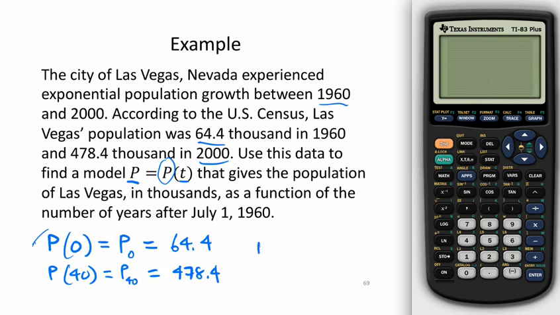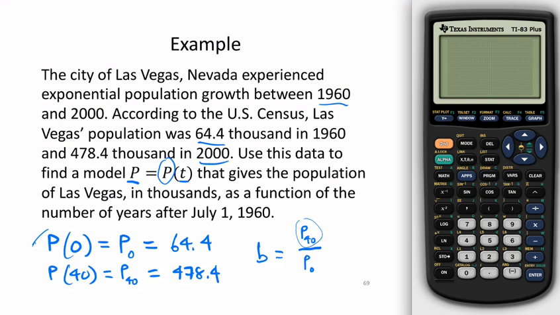So I'm constructing B here. The base of my exponential function is going to be the ratio of that 40-year value divided by the initial value. That is the 40-year base. That's the number that, when I multiply it by P sub 0, I'll get P sub 40.